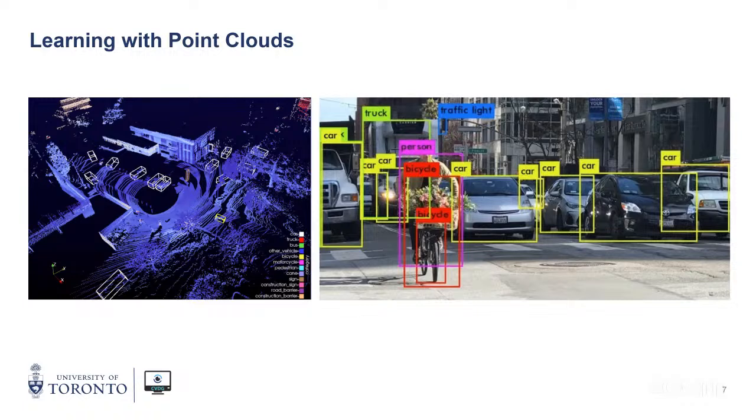Am I able to extract more information than just detecting cars and where things are if I have a sense of depth? Or maybe if these point clouds are very sparse and we can't detect these fine-grained details, like the cars in the image here versus just the boxes in our image to the left. So there's a lot of interesting questions we can ask when working with point clouds.